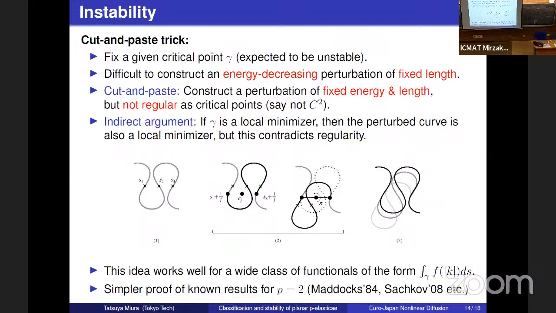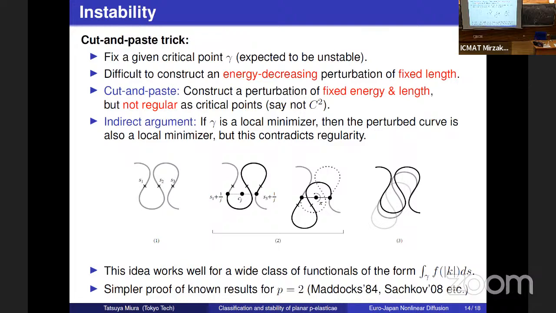And actually, even for p equal to 2, there is not much on stability. To my understanding, no general stability analysis has been done. So the length penalization problem is quite different, because most of the stability analysis done previously uses arc length parameterization, so it uses the fact that all the competitors have the same length.